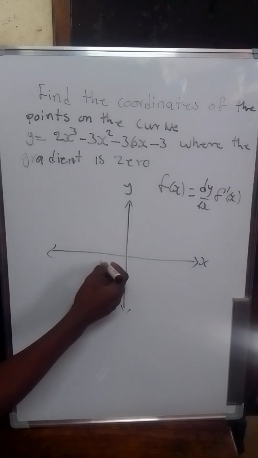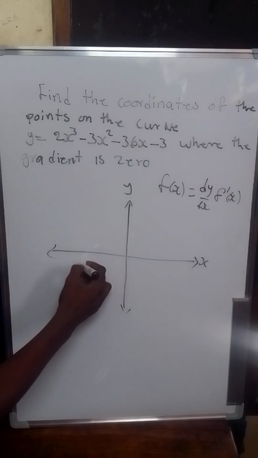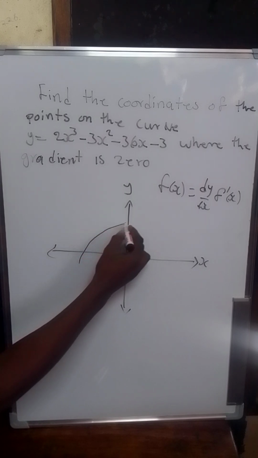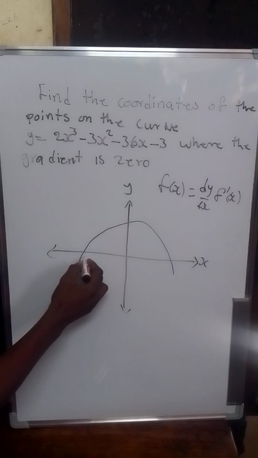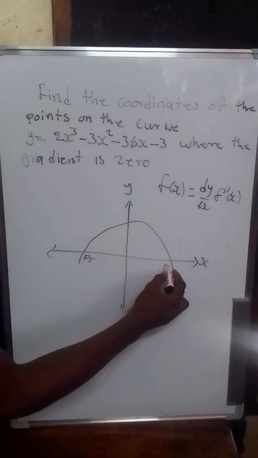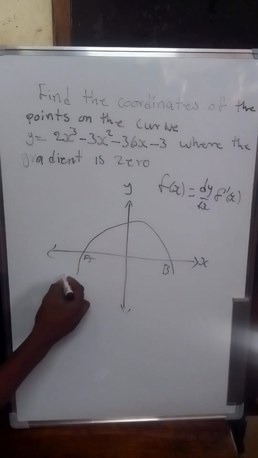Let's say this is our function here, it crosses the horizontal line at A and B. Okay, this is f of x.